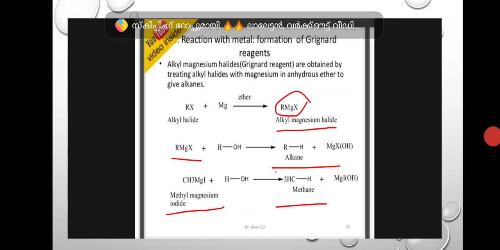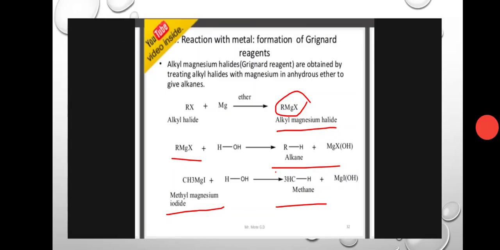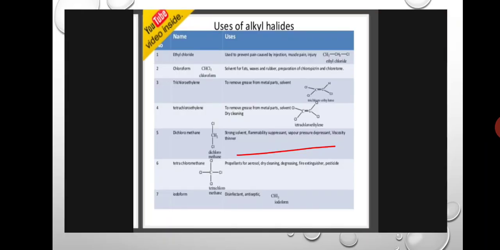Alkyl magnesium halide is formed. That alkyl magnesium halide reacts with water and is converted to alkane. Alkane plus magnesium hydroxyhalide is formed. For example, methyl magnesium iodide reacts with water and is converted to methane plus magnesium hydroxyiodide.